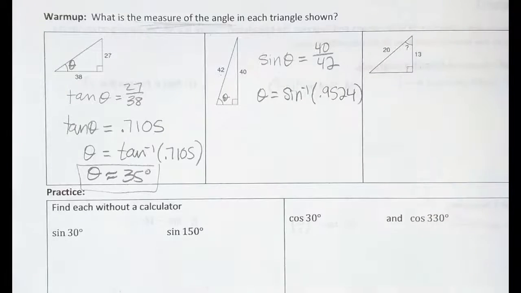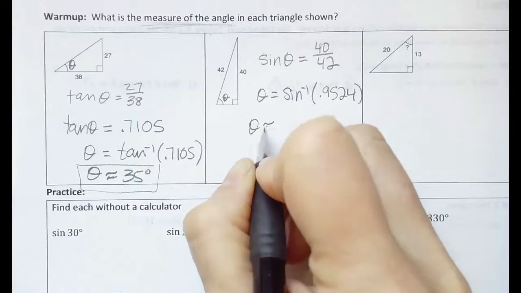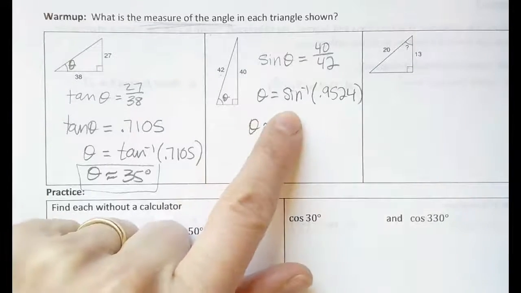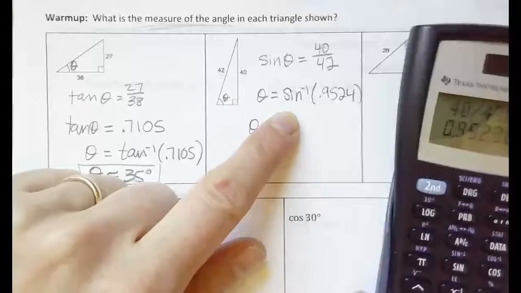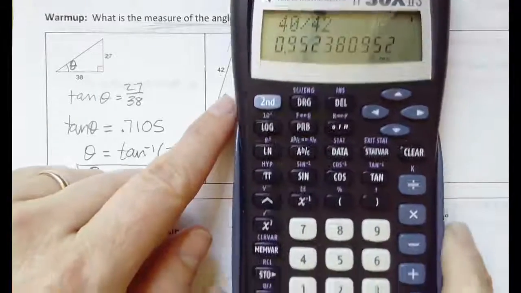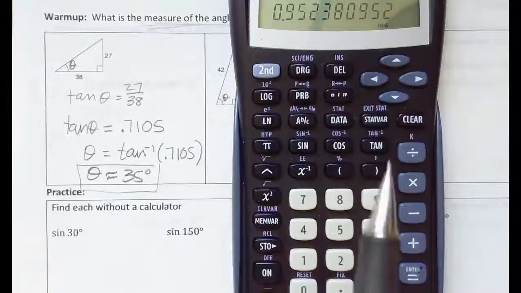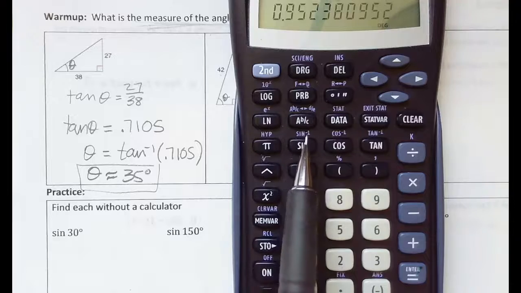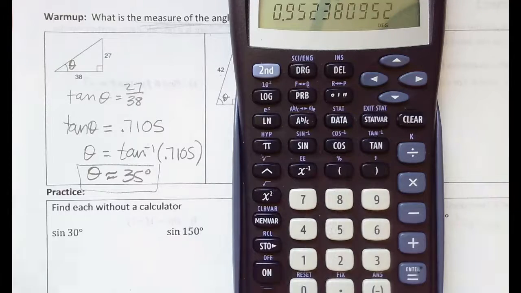Now I'm going to punch that straight into my calculator instead of using the chart. All these scientific calculators have inverse trig buttons, so we're going to be using those.